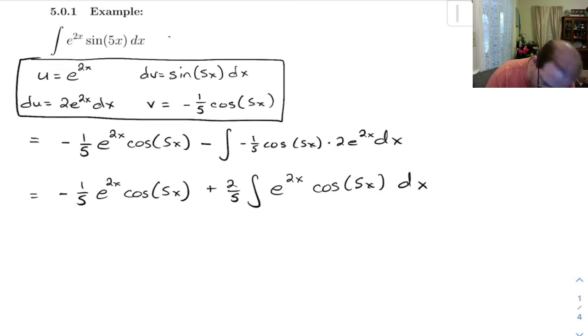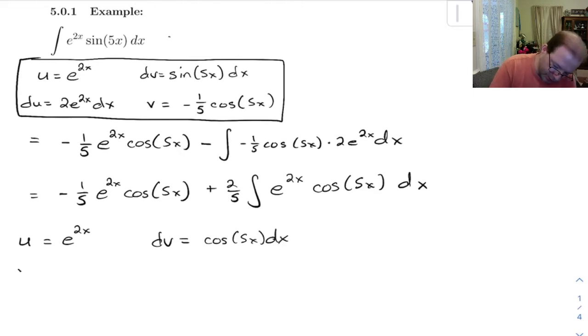So what we do is we do integration by parts again, and in this case, we're doing it on this integral over here. What I have to do here for this to work is, up here I let u equal e to the 2x, so I have to do the same thing down here. U equals e to the 2x, and then dv is going to be cosine 5x dx.